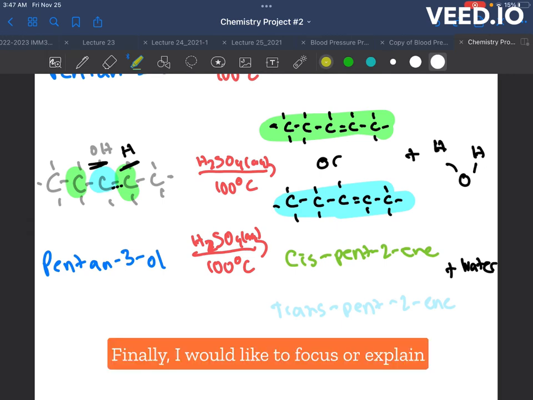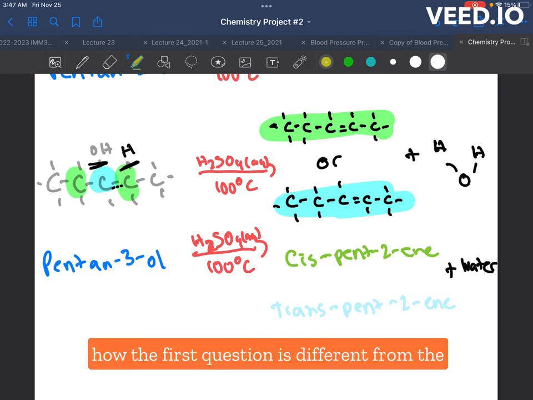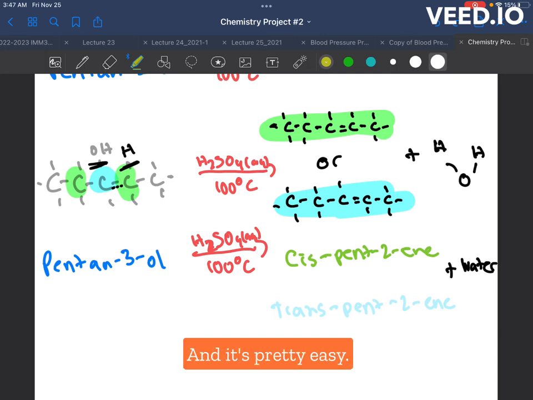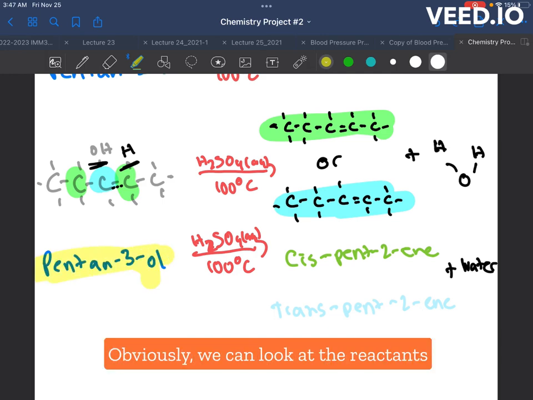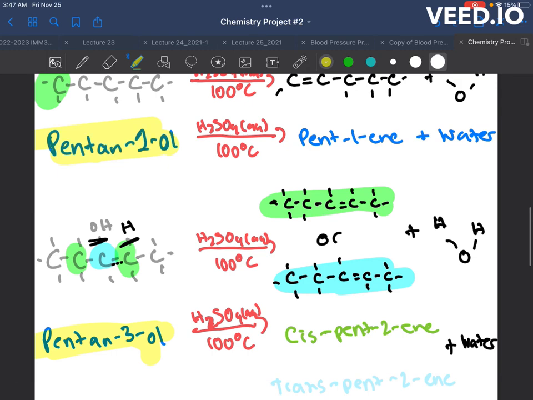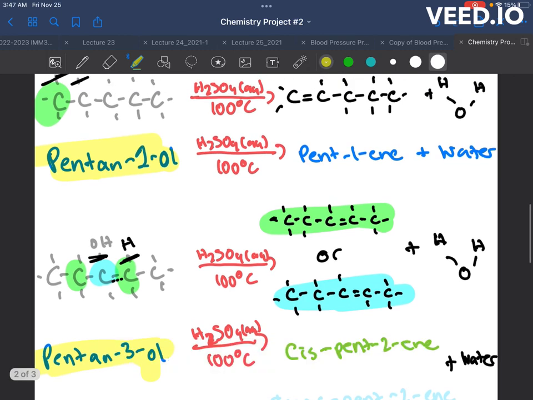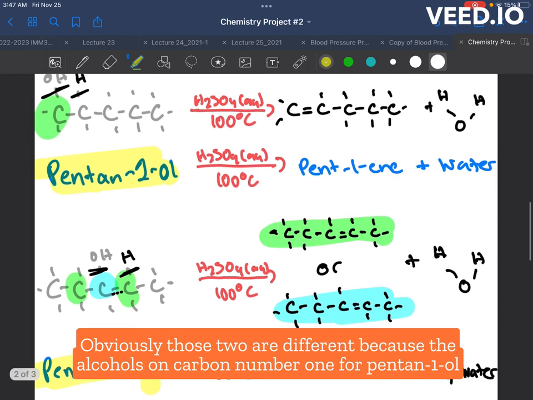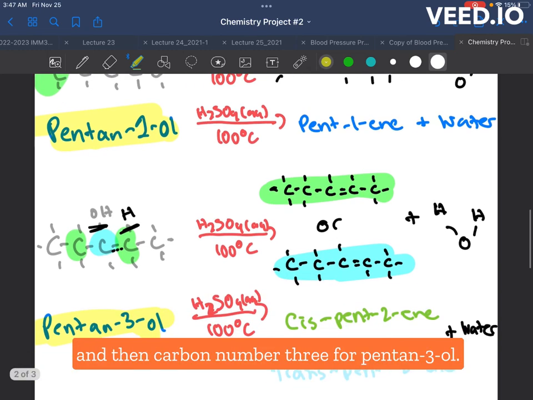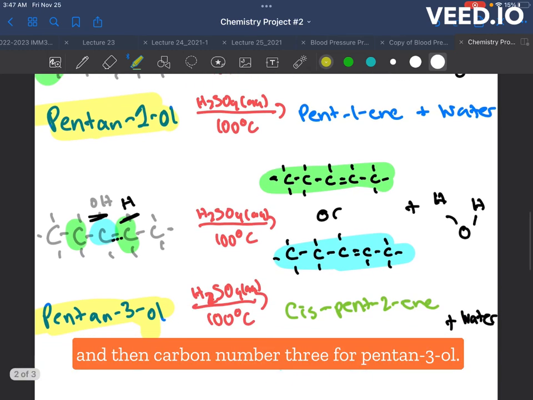Finally, I would like to explain how the first question is different from the second question. And it's pretty easy. Obviously, we can look at the reactants. We have pentan-1-ol and pentan-3-ol. Obviously, those two are different because the alcohol is on carbon number 1 for pentan-1-ol and then carbon number 3 for pentan-3-ol.